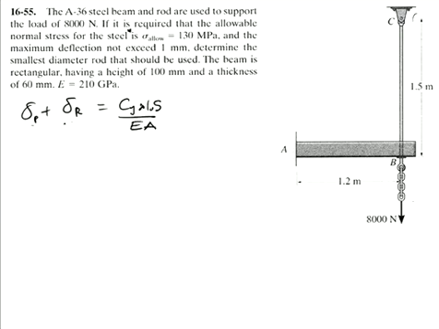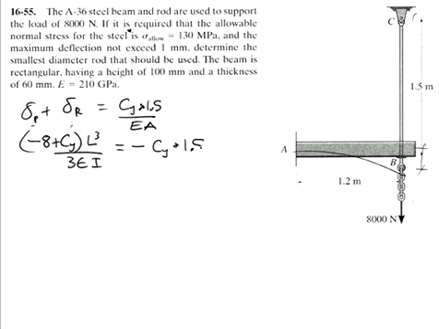Because these two equations were the same, I can simply write it as minus 8 plus CY L cubed on 3EI is equal to. Now, down is negative, and you can see here this thing will stretch and there'll be a downwards movement, so I need to put a minus sign here in front of the movement downwards in our compatibility equation.